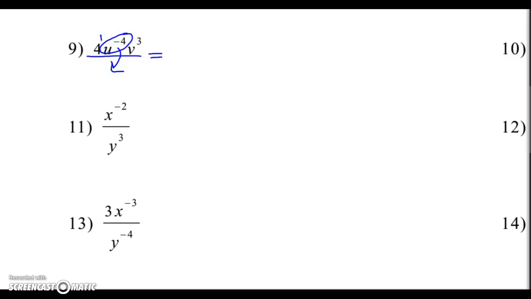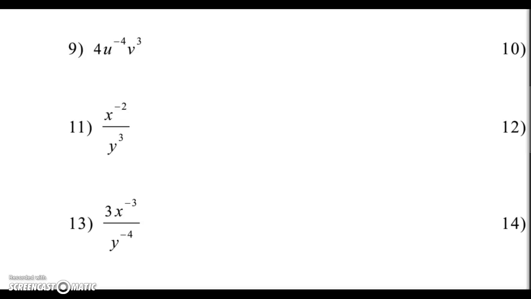So we've got 4 to the 1st, or just 4. V to the 3rd stayed, and now u is to the positive 4th power, and it's much happier down there. So yes, now u is happy, just like all of you are. Yes. Okay, moving on to number 11.